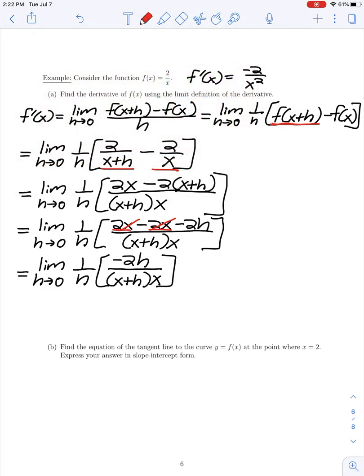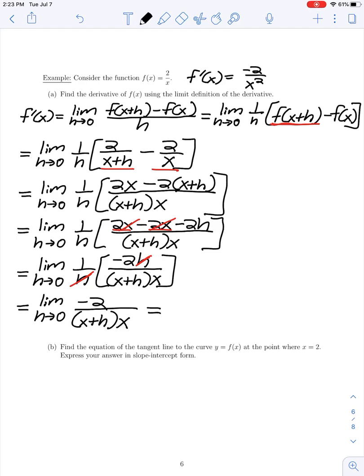So from here, we can see that our h in the numerator will cancel this division by h that we have out in front, and we are left with the limit as h approaches 0 of negative 2 divided by x plus h times x.